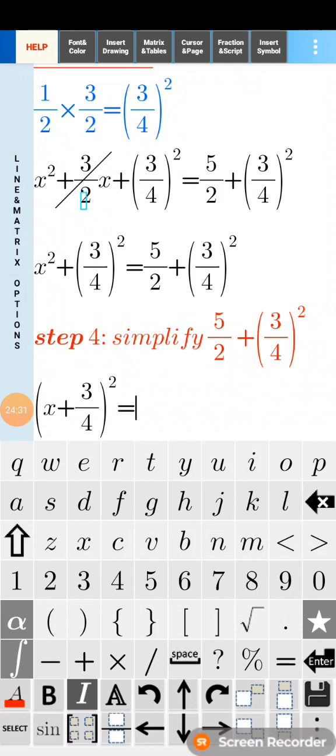Now the fraction I want to simplify. I have 5/2 plus open bracket 3/4 square.